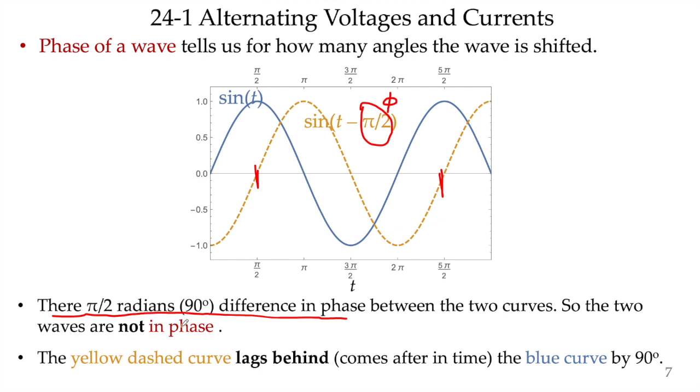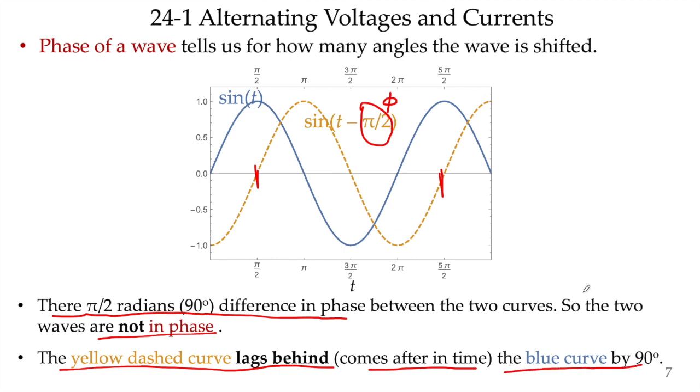So the two waves are not in phase. When the difference is 0, then they are obviously in phase, but here they are out of phase. So the yellow dashed curve lags behind, comes after in time, the blue curve by 90 degrees.